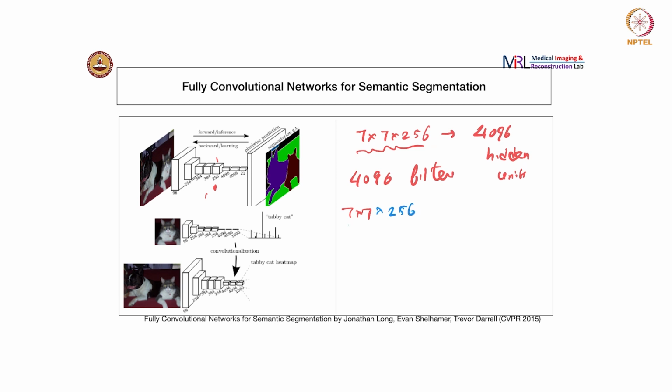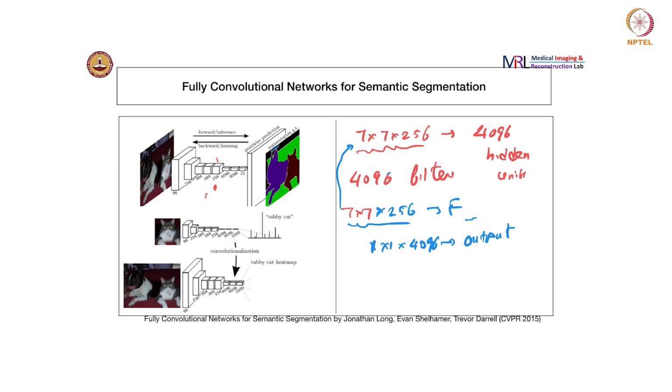So each filter is actually of size 7 cross 7 cross 256, and if we have 4096 filters, then when this filter acts on this input, the output is of size 1 cross 1. So your output would be 1 cross 1 cross 4096. Now that we have done this, what is the advantage of doing this?